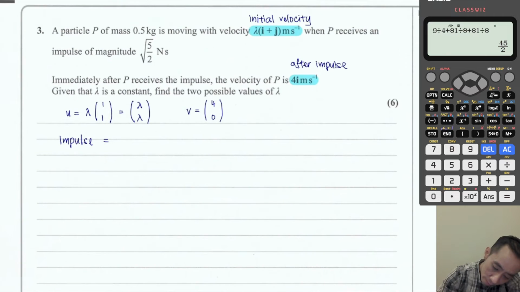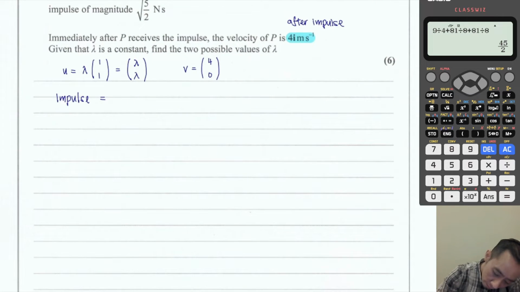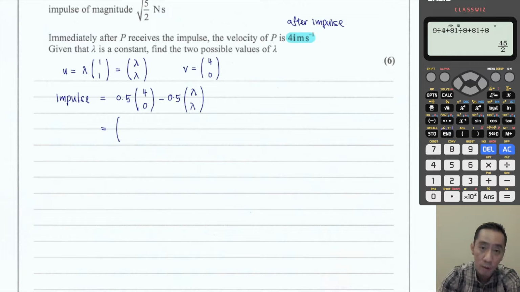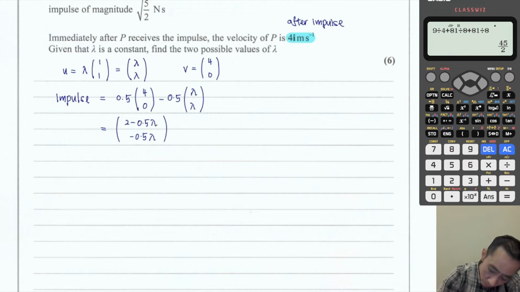So m is 0.5, so 0.5 times 4, 0, and then minus 0.5 times lambda, 1. So the impulse is 0.5 times 4 is 2, so 2 minus 0.5 lambda, and then 0 minus 0.5, so here we have the impulse.